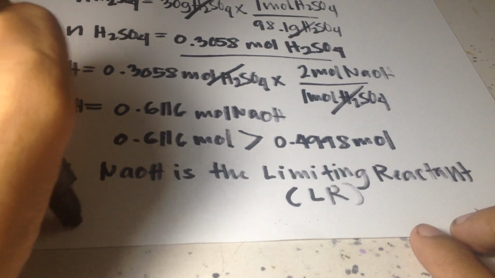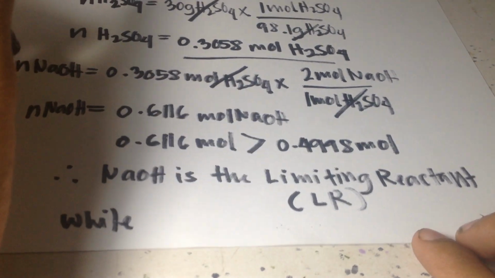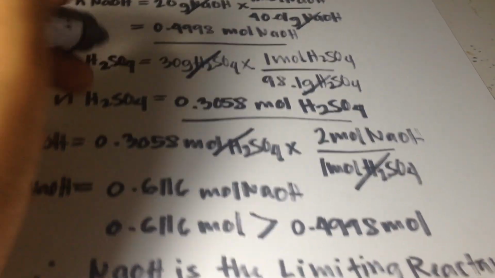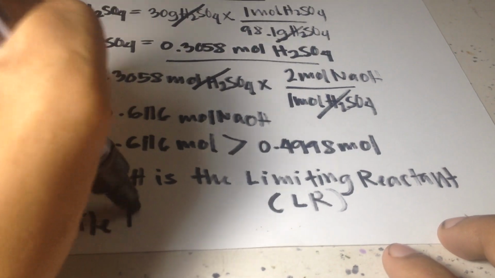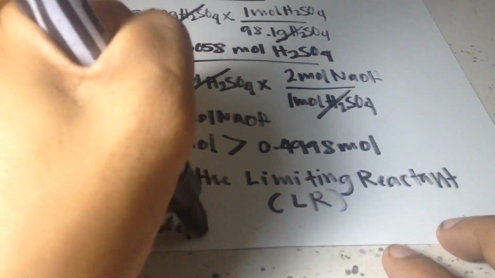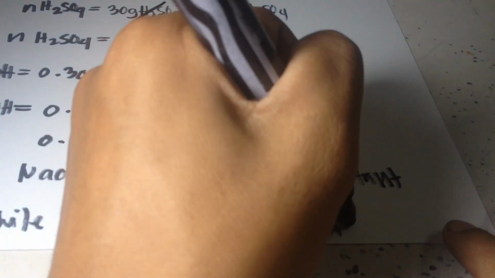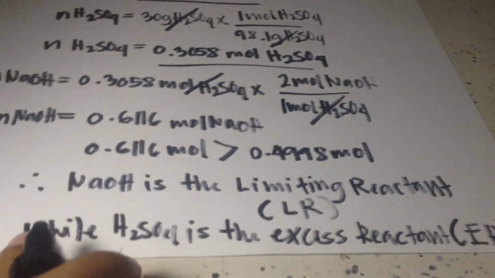While sulfuric acid is the excess reactant, or ER. Right? That's all. This is your final answer.